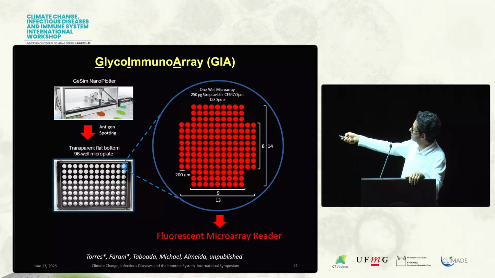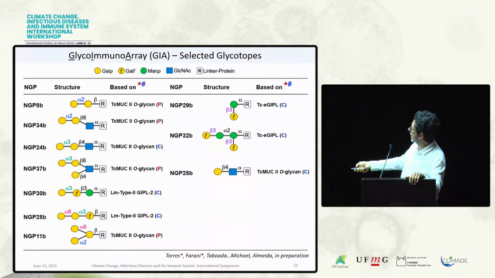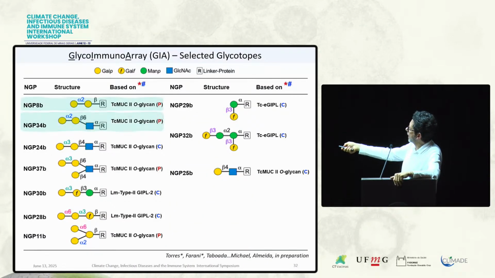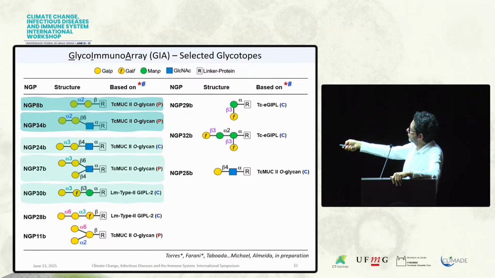We bought this nanoplotter, and we plot these glycoconjugates in each well of this ELISA plate. And these are the 10. There are different versions of the alpha-gal epitope, alpha-1,2, alpha-1,3, alpha-1,6, and also the beta-galactofuranose epitope, which is very, very immunogenic.